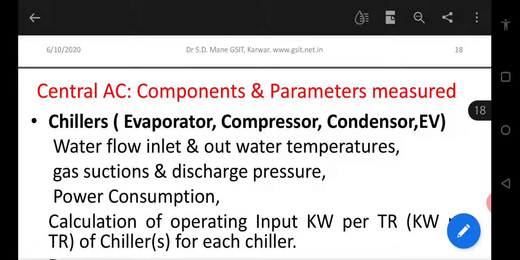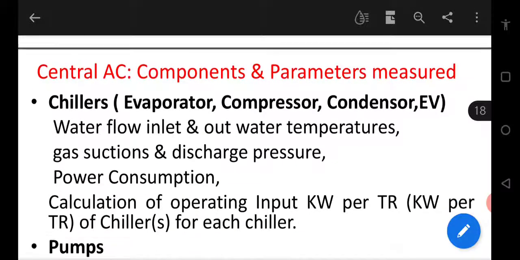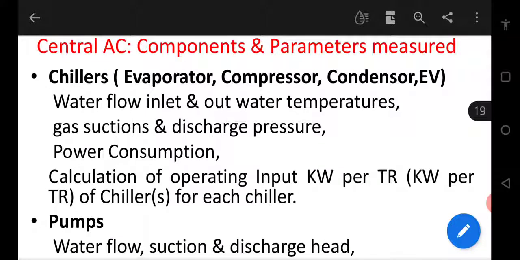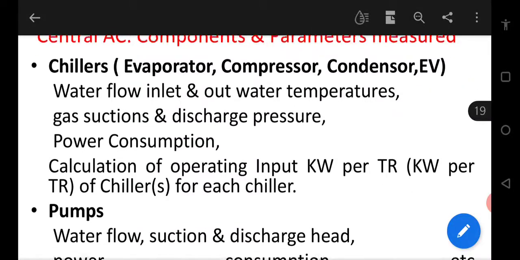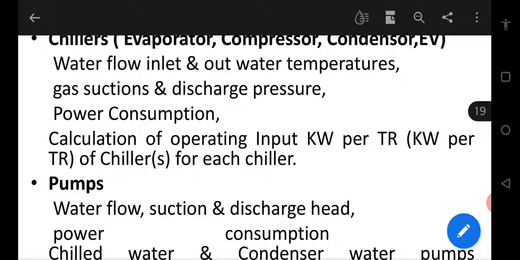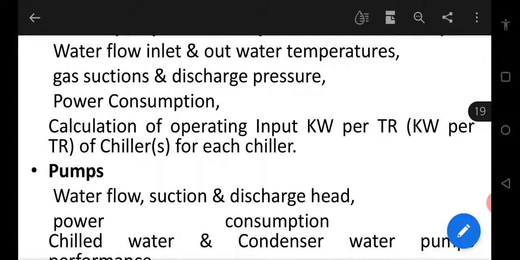Now this central air conditioner is basically called a chiller, which constitutes the evaporator, compressor, condenser and expansion valve. Here we need to measure the water flow rates, then the compressor refrigerant suction and discharge pressure, and the power consumption of the compressor, and we find out the criterion I was telling about, the input kilowatt per ton of refrigeration.